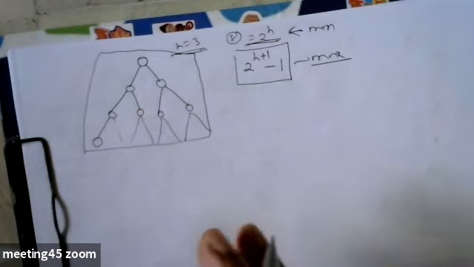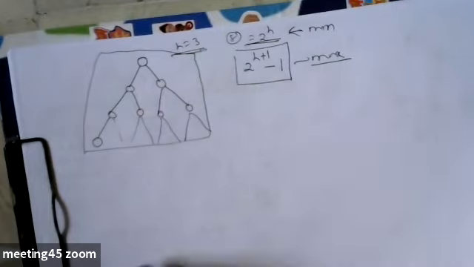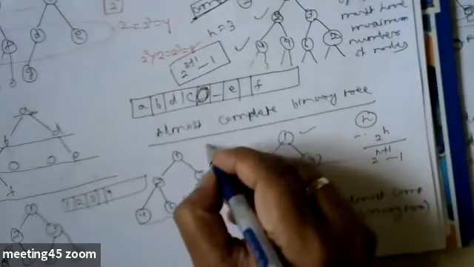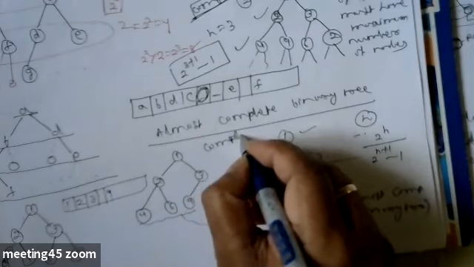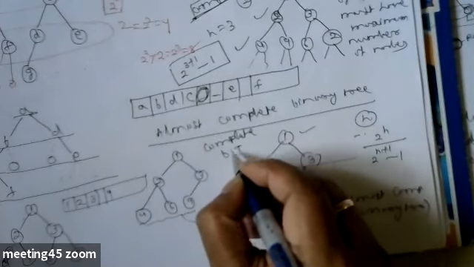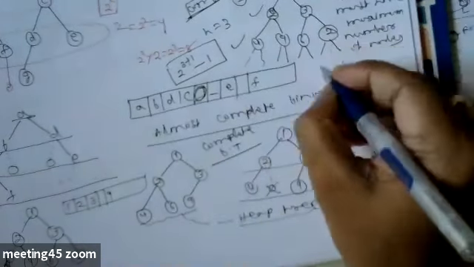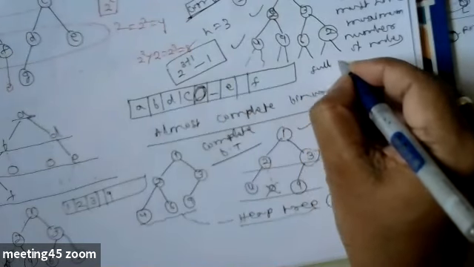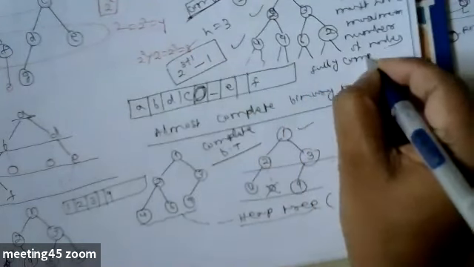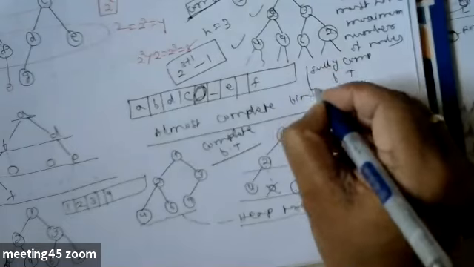One is called the almost complete binary tree, and one is the complete binary tree. But see, in some books, they have given this name as a complete binary tree, and this they have given the name a fully complete binary tree. Please don't get confused by reading the book.